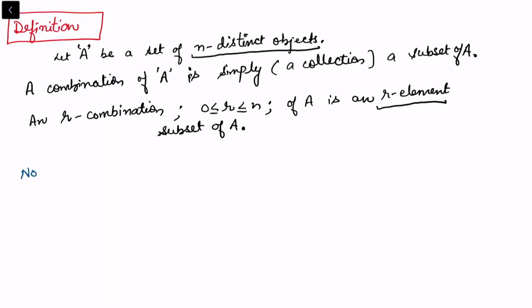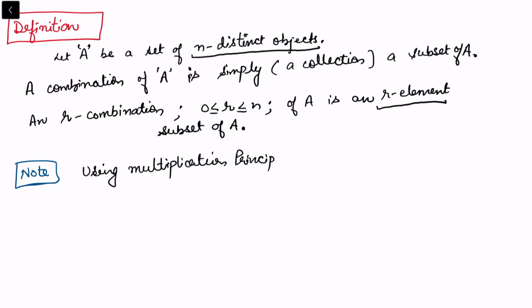Now to derive the formula for NCR, let us make a note of the calculations. We can simply write, using the multiplication principle, that in the permutation, ordering is important. So the permutation is NCR, because we first select the objects and then permute them. To permute our R objects, we have to take R factorial into consideration.